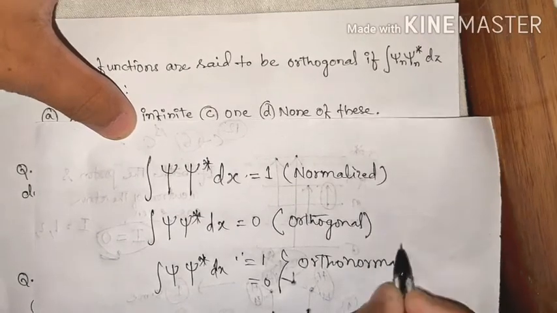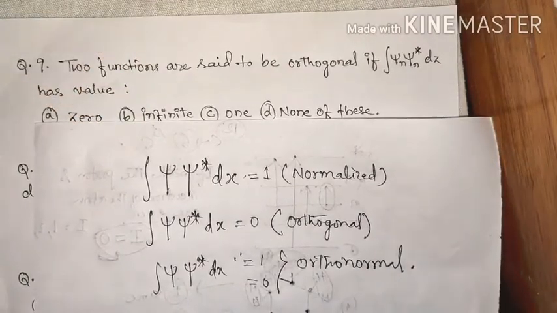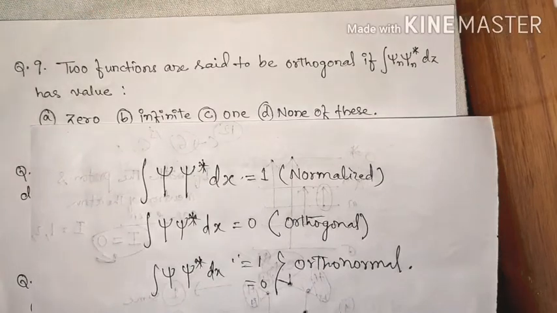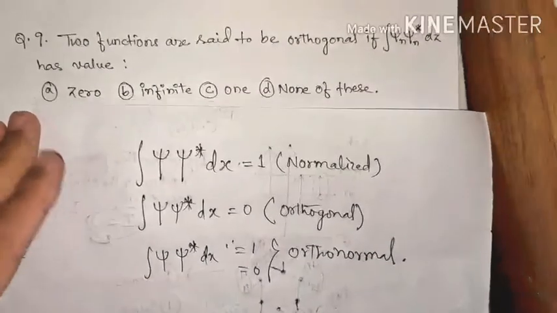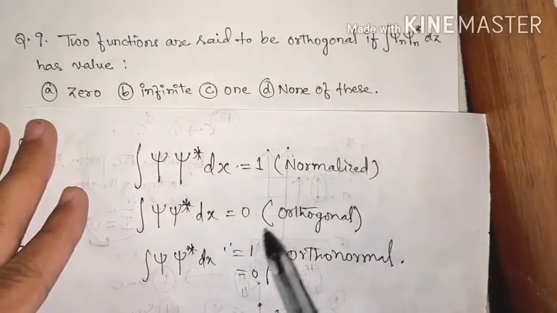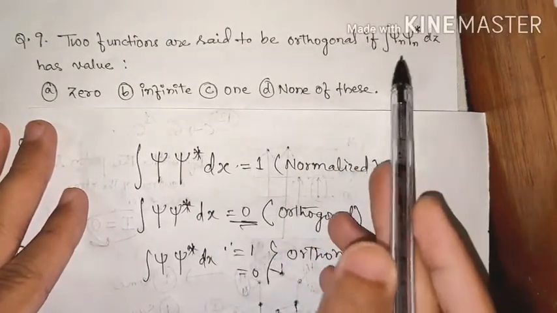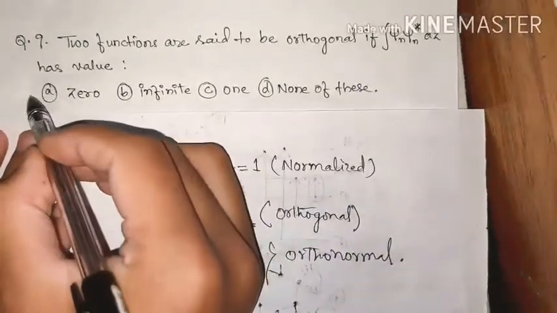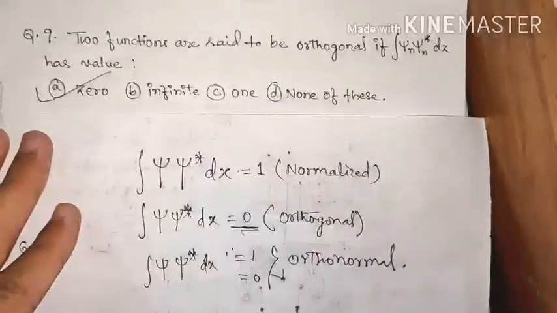This is a question from the quantum part of chemistry. For orthogonal, the integral should be 0. So the answer will be A.